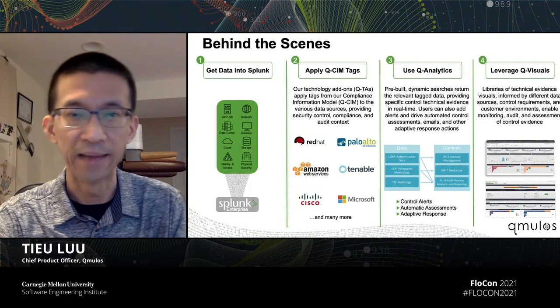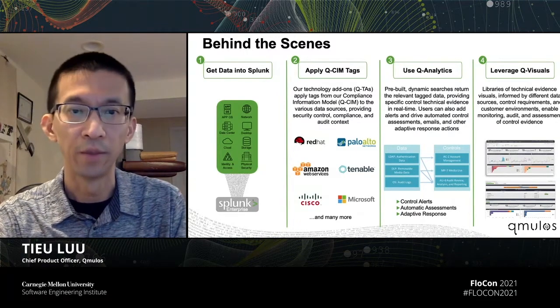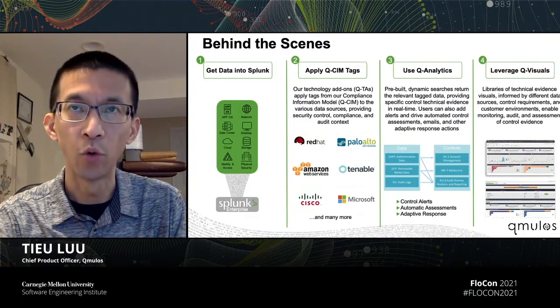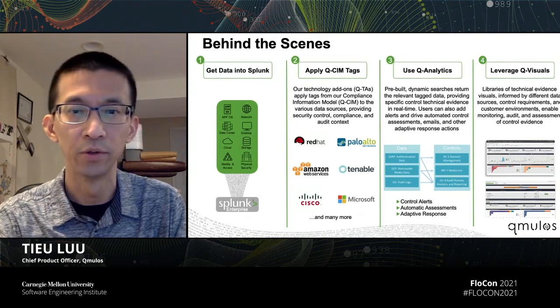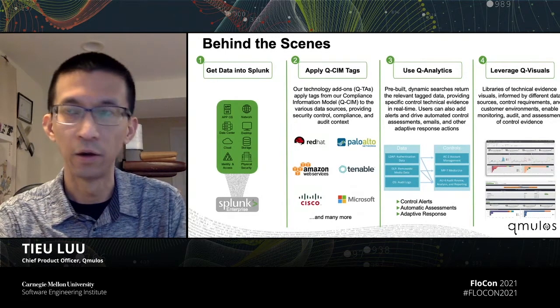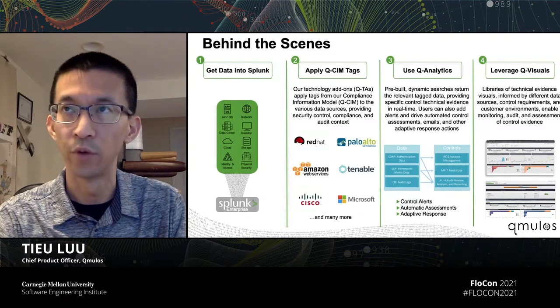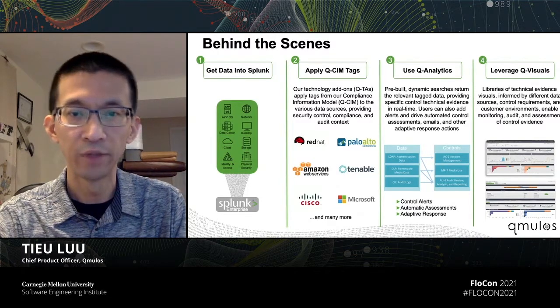So automatically passing or failing controls, automatically creating POAMs, plan of actions and milestones, automatically granting authorizations to operate, and so forth. And then in step four, leveraging the Q visuals.